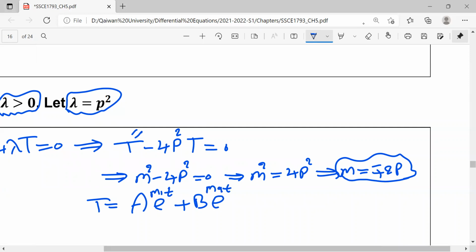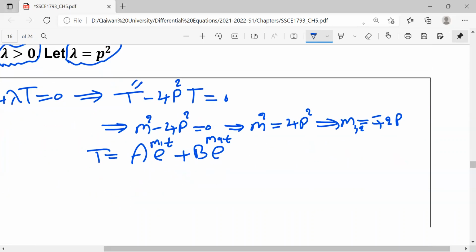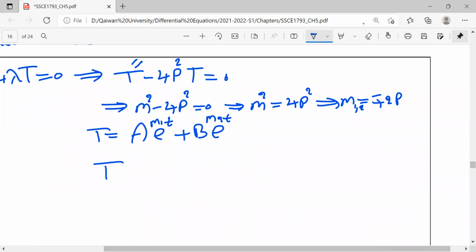These are m1 and m2, and we get that capital T equals A e to the power 2p t plus B e to the power negative 2p t.